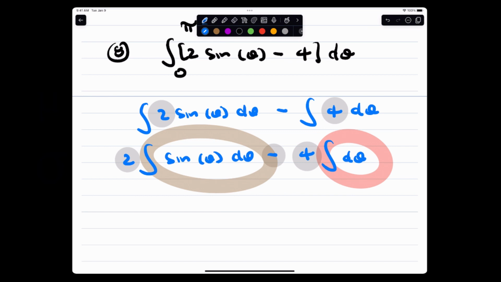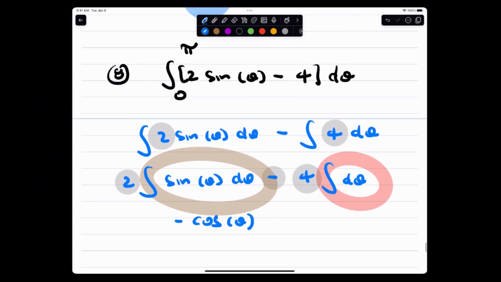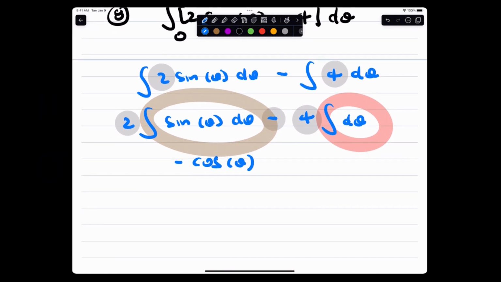So what's the antiderivative of sine? Outstanding. Negative cosine. You guys see how you have to know those things? What's that integral of theta or d theta? I gave you the answer. It's just theta. So combine your constants now. That's -2 cosine of theta minus 4 theta, right?